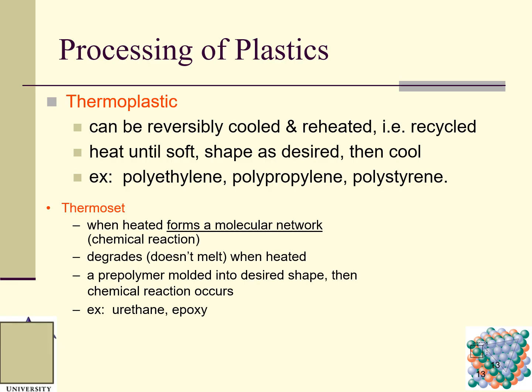And thermoset, we also talked about this in our previous class. Thermoset means when heated it forms a molecular network through chemical reaction, so it degrades, does not melt when heated. A pre-polymer is molded into the desired shape, then chemical reaction occurs. For example, urethane, epoxy. So this is a thermoset. Questions regarding this slide?